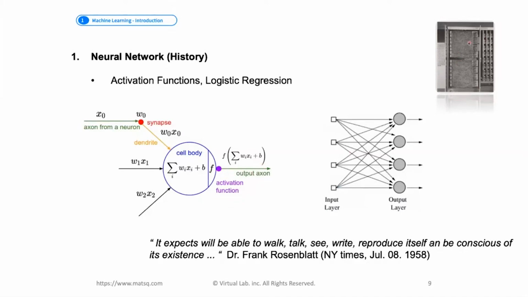Each wire is a neural connection. It's quite amazing, and Dr. Frank Rosenblatt said in the New York Times in 1958 that it was expected to be able to walk, talk, see, write, reproduce itself, and be conscious of its existence. Machine learning was regarded as something amazing, a black box, at that time.